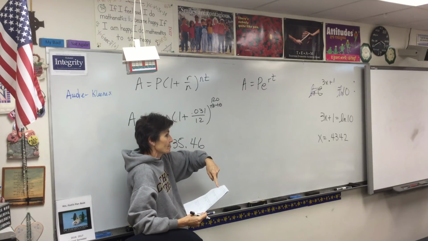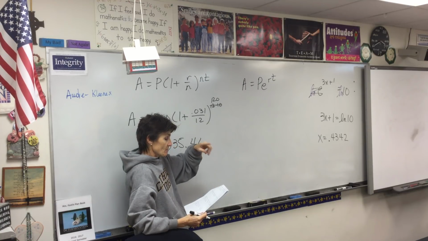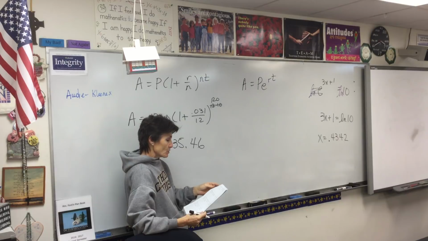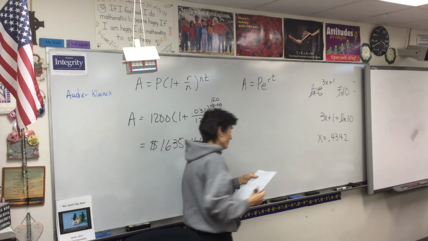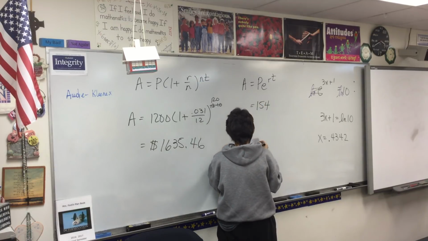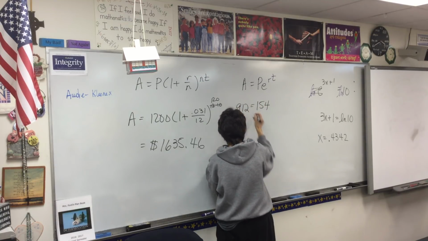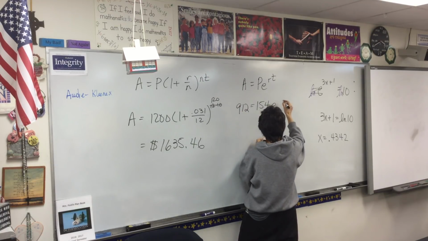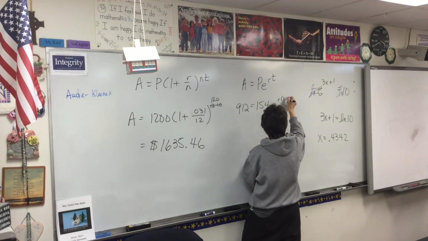Number 26? Yep. So it says find the growth constant for a strain of bacteria that grows from 154 into 912 in 3.5 hours.